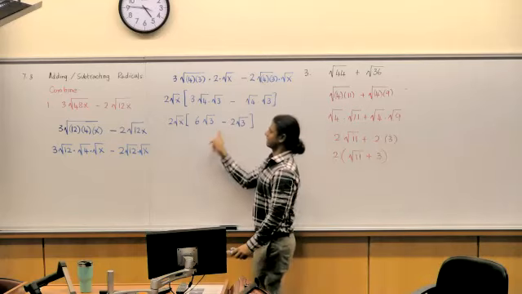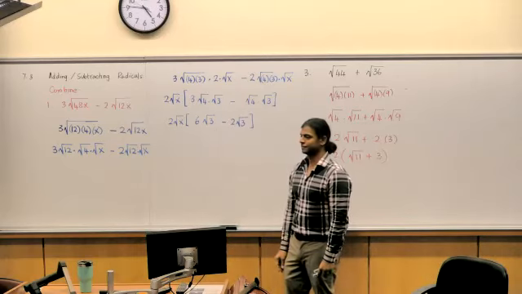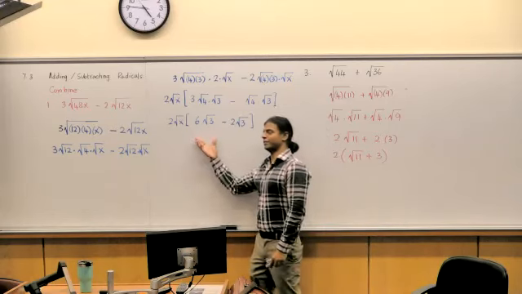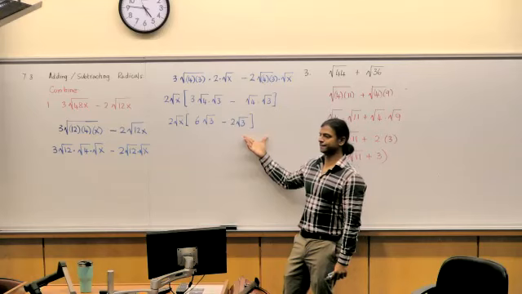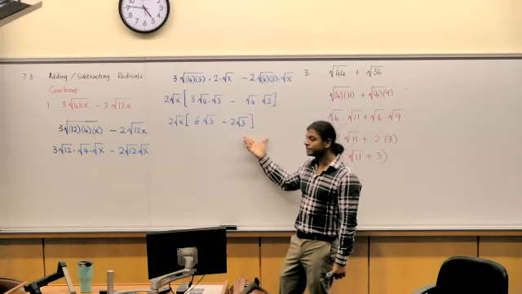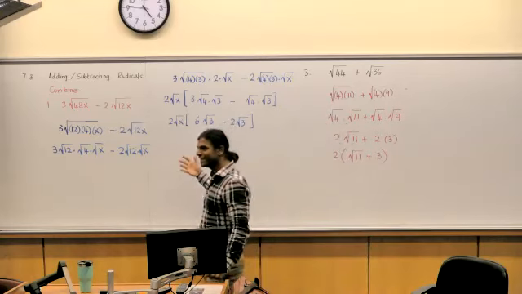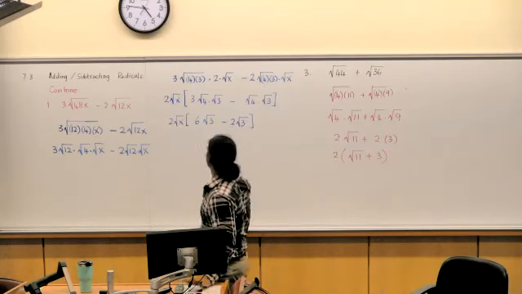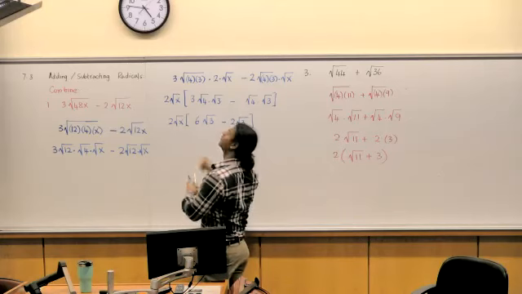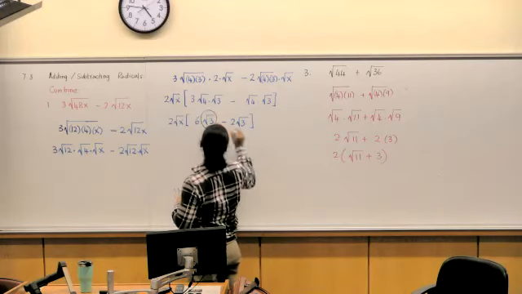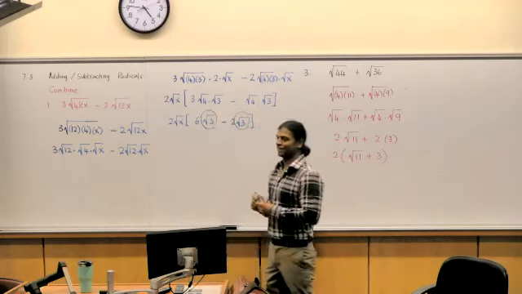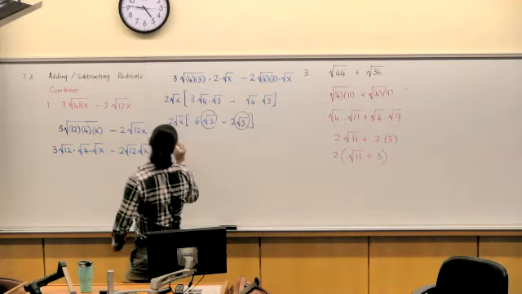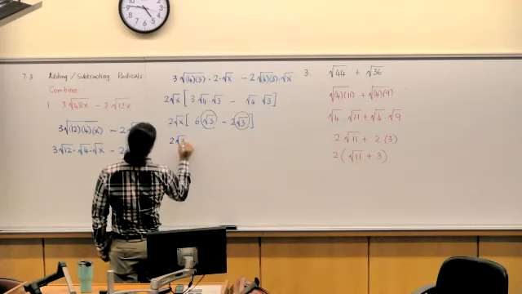What would that reduce to? 6 root 3 minus 2 root 3. What is it? 3 root 3. Close. Wait, no. 4. 4 root 3. 6 apples minus 2 apples, right? Treat root 3 as an apple. So that will give you 4 apples, which is 4 root 3.